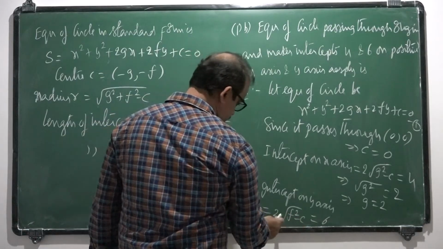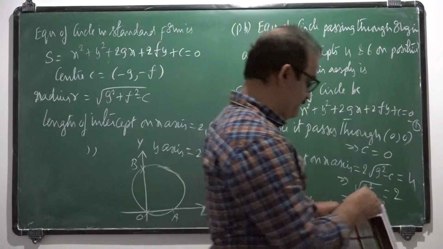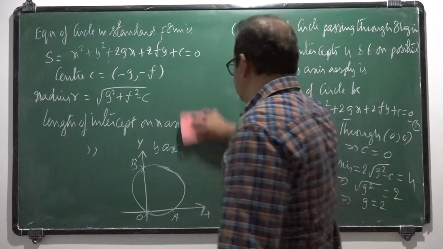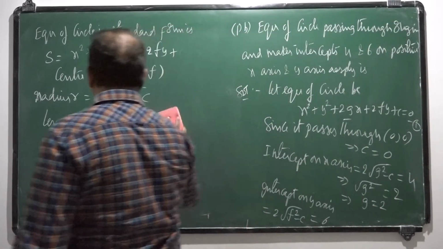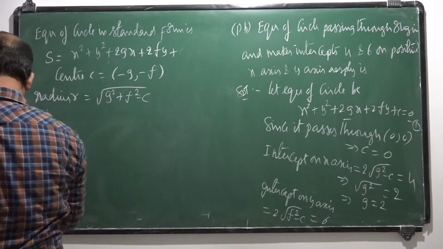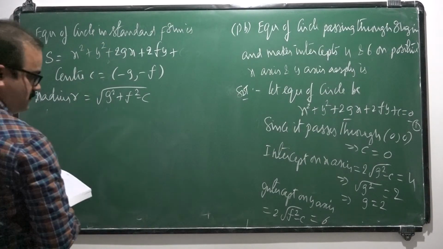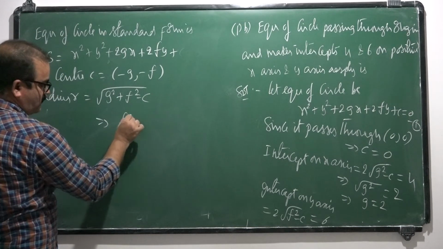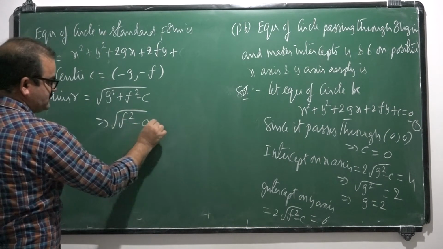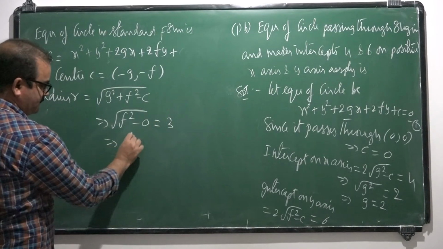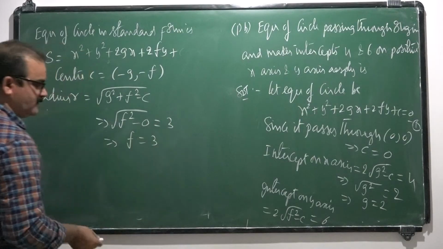Here c = 0. So find the f value. Root of f² - c, with c = 0, is equal to 6 by 2. So f is equal to 3.